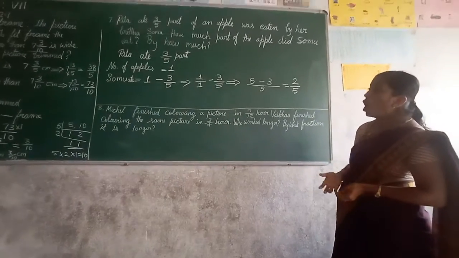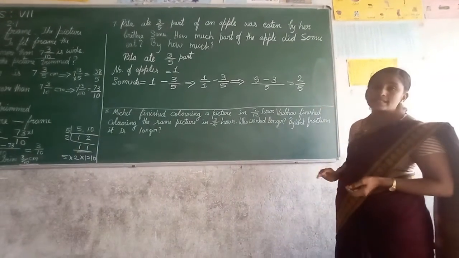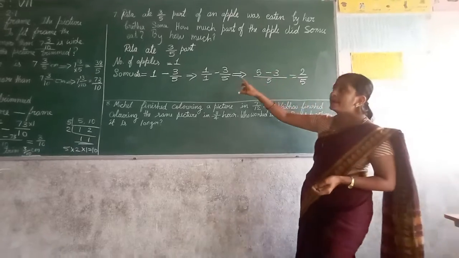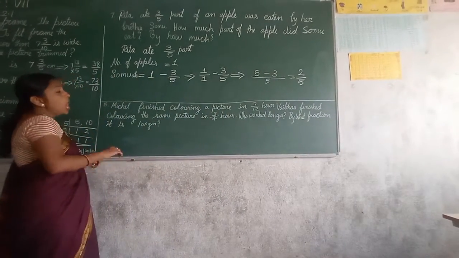Now, by how much are they asking? It means we have to subtract: Rita ate 3/5, Somu ate 2/5. How much more has Somu eaten?